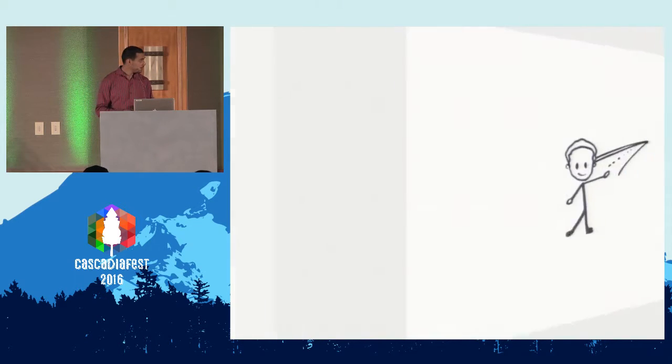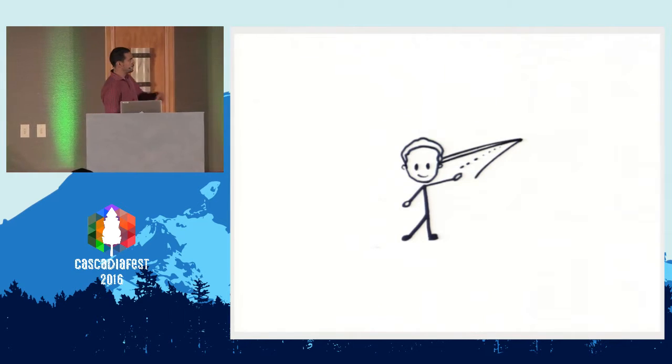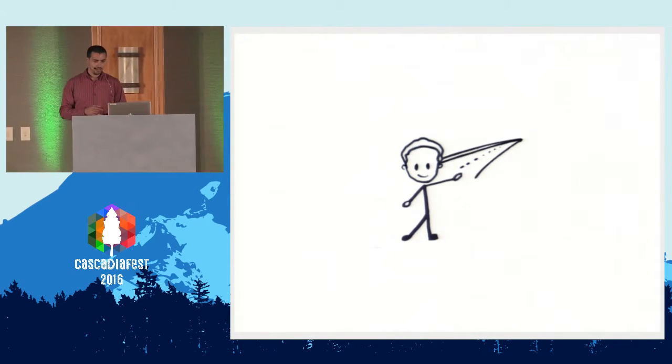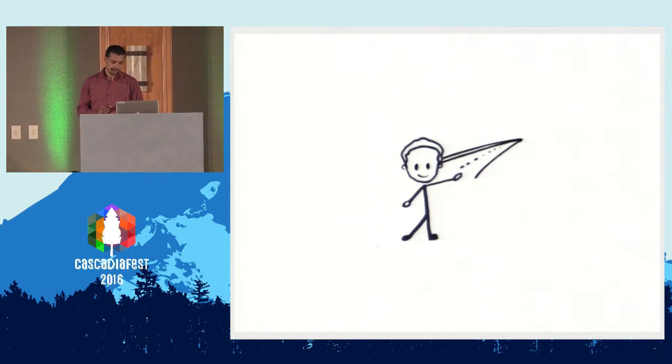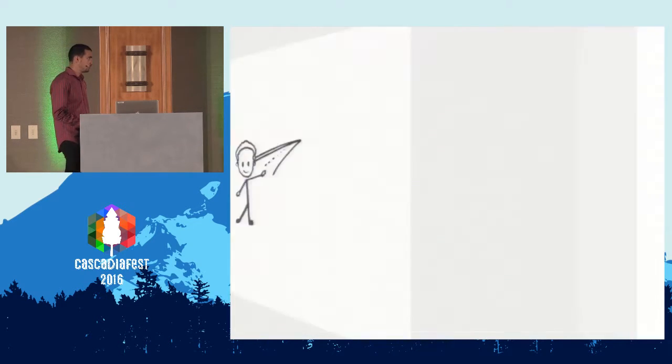So I started my path going through the history of JavaScript engines. This is me. If you can't recognize me, probably it's the hair. I looked at the history of JavaScript engines, and I found an inflection point around 2006, 2007. Before that time, JavaScript engines were pretty straightforward.